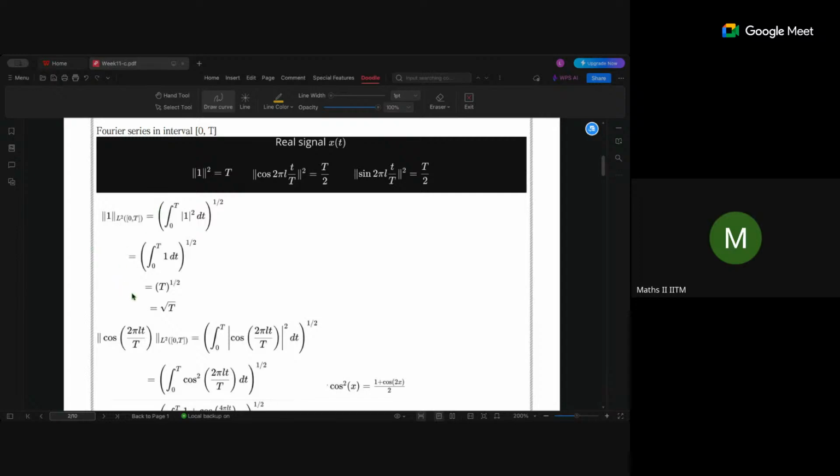Yes or no? Only if there is a response can I continue. How many of you understand? Give a thumbs up at least. Why norm 1 squared is T?